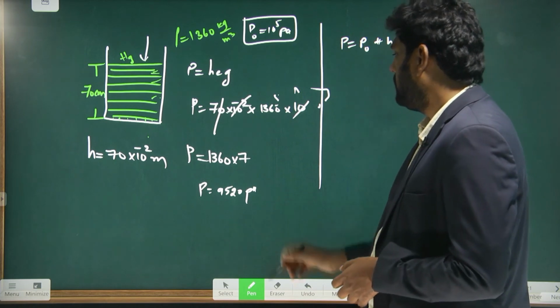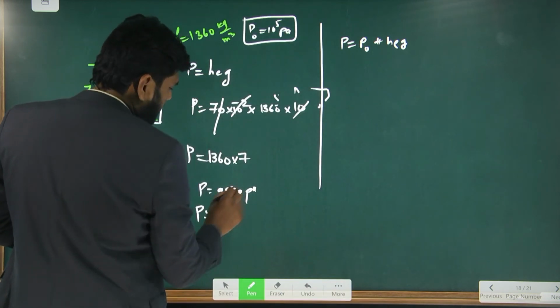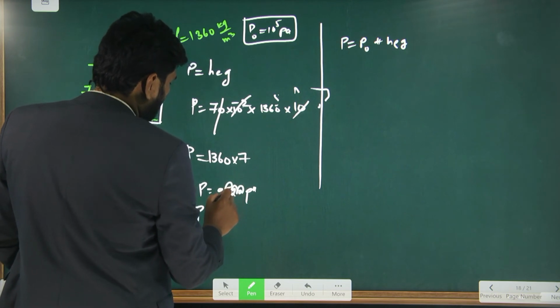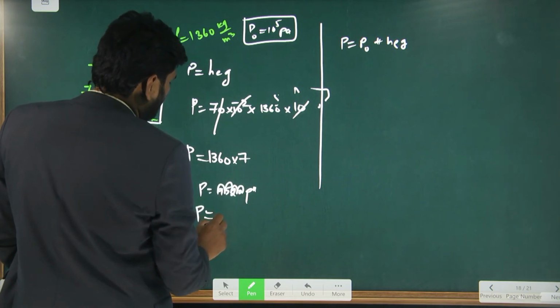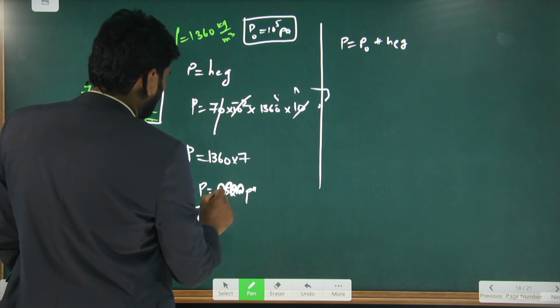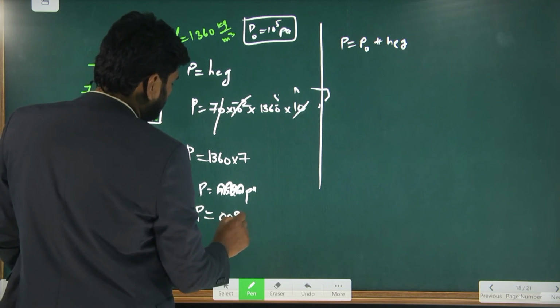So, look here, P is equal to, you can take 1, 2, 3 and 4, which would be 0.09 into 10 power 5 pascals.